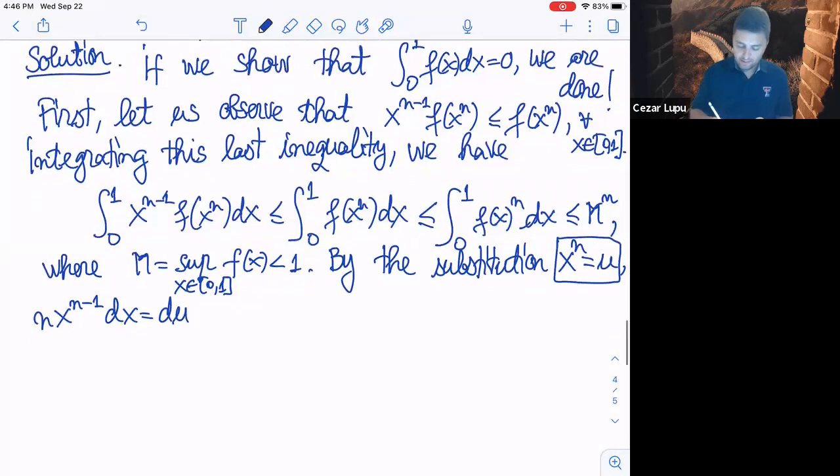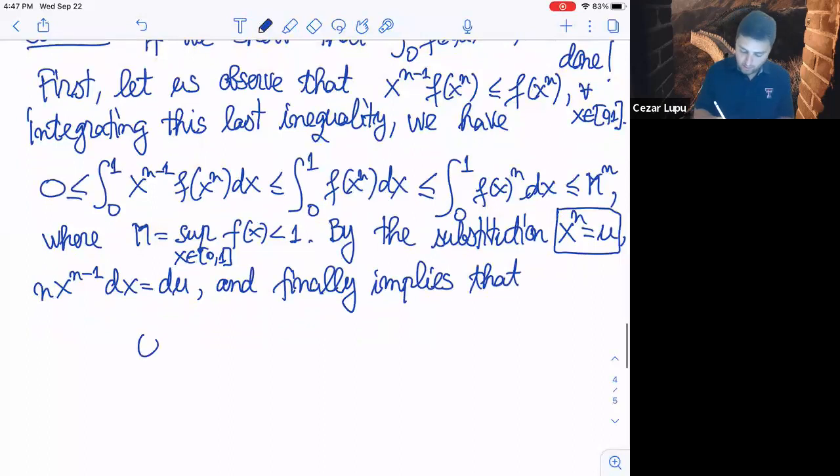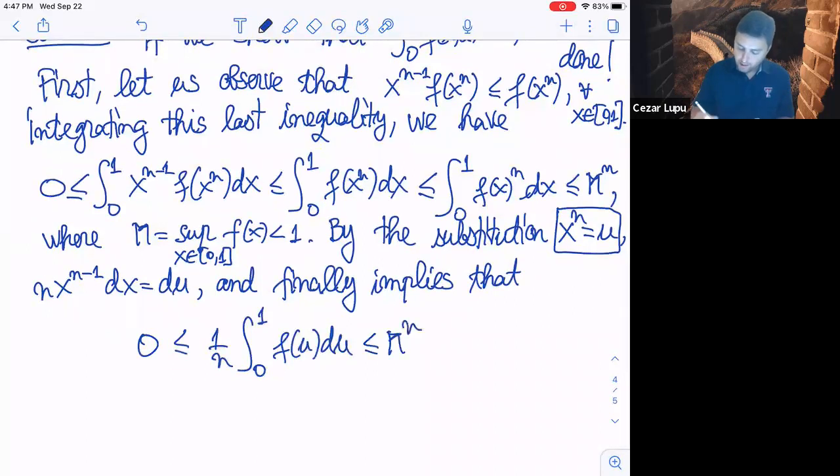So this finally implies, wow, that, well, this is also non-negative. Let's keep that in mind, that 0 is less or equal than 1 over n, the integral from 0 to 1 of f of u du is less or equal than m to the power n, or if you want equivalently, we have this inequality.